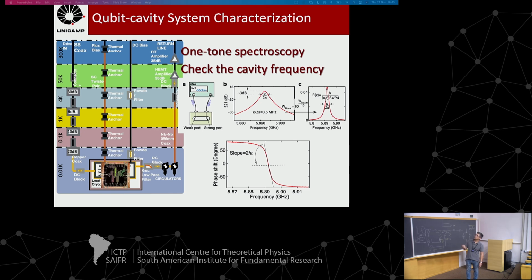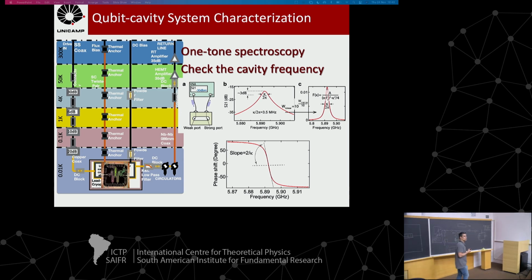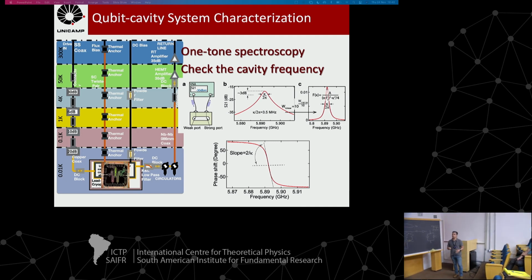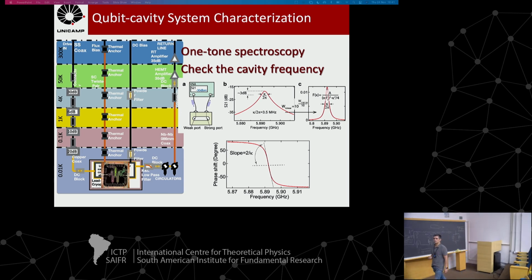Then I send my signal to a single electron transistor that is really low noise, that will increase my signal and increase my noise to values that I will be able to see at room temperature. So I have a lot of amplifiers here, some way to treat the signal, to send the signal back to room temperature where I can distinguish the signal from the noise I have in the background.